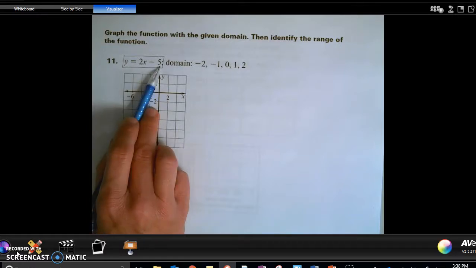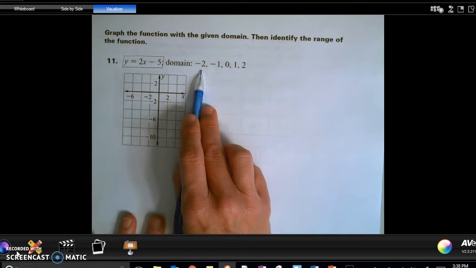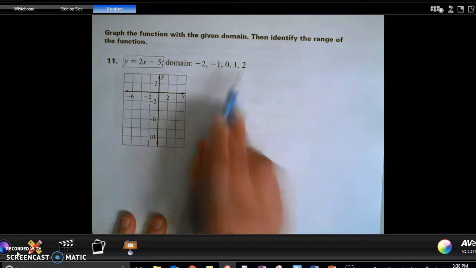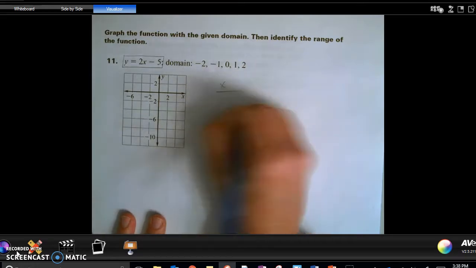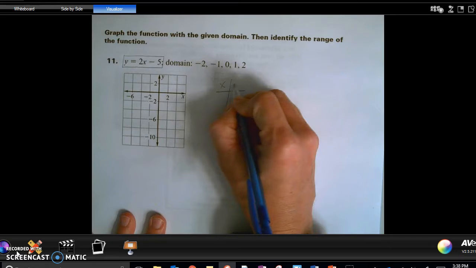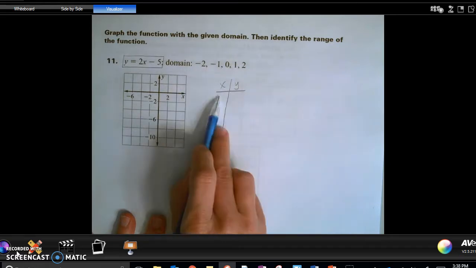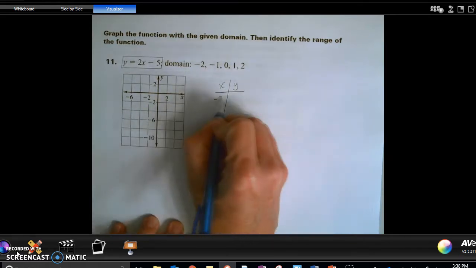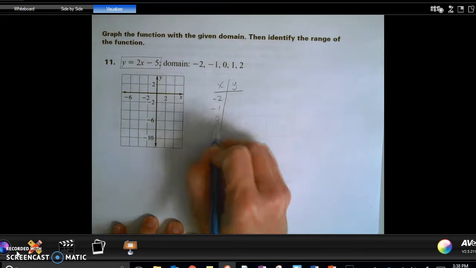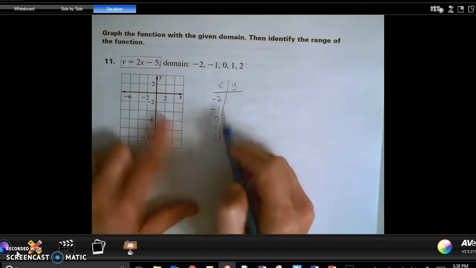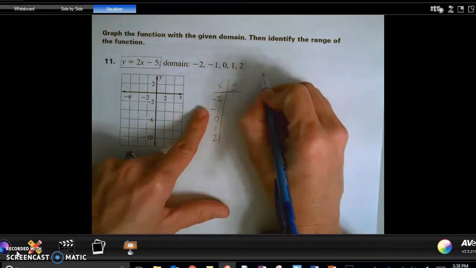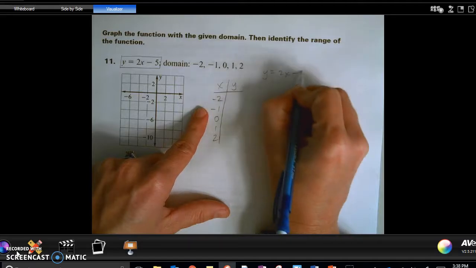So now I'm going to take this function and use these values for my domain. To help me organize, I'm going to list my domain values, which I remember to be my x values, here in a table so that I can find the corresponding y values and graph these points. To do this, I'm going to substitute into my function.